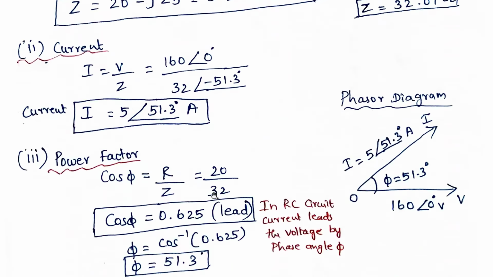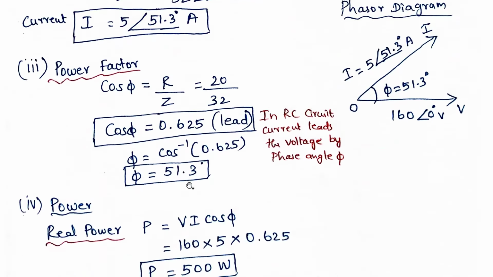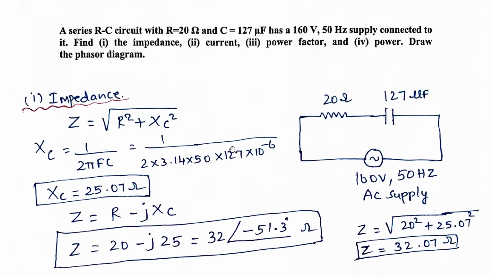R divided by Z magnitude, if you simplify, we get cos phi as 0.625 leading. Why leading? In an RC circuit, current leads the voltage by angle phi. Now phi is equal to cos inverse of 0.625, which is 51.3 degrees.